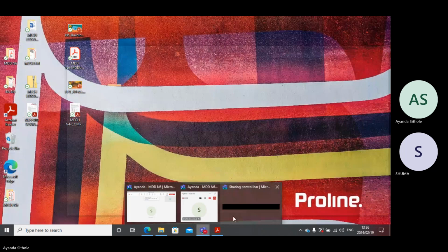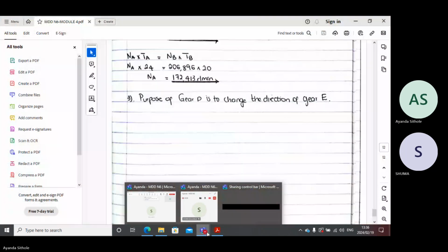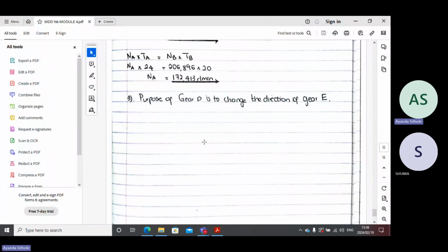We can continue with this chapter tomorrow and finish it. Then on Wednesday we do applications.